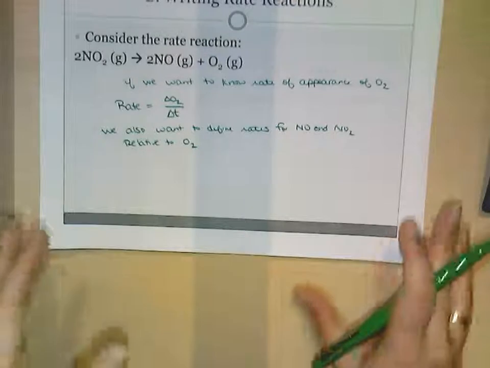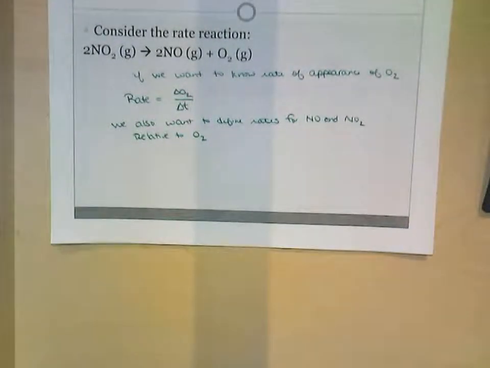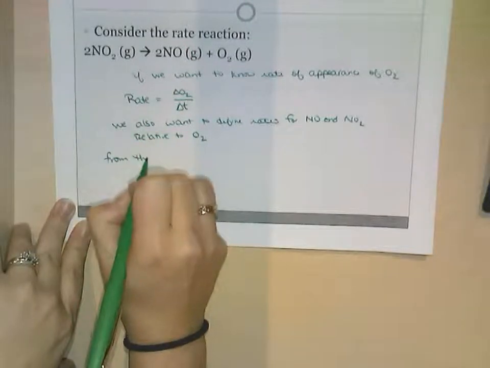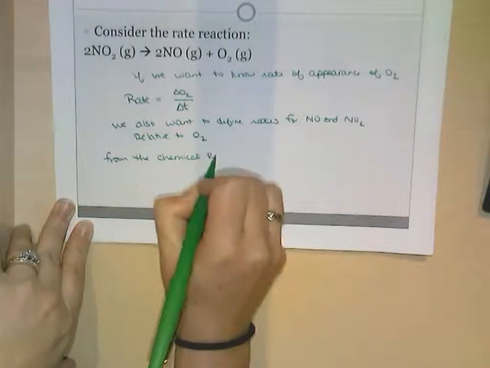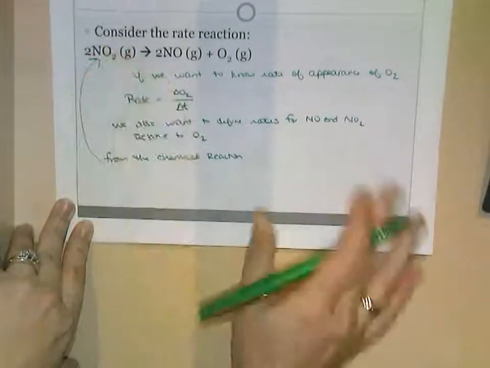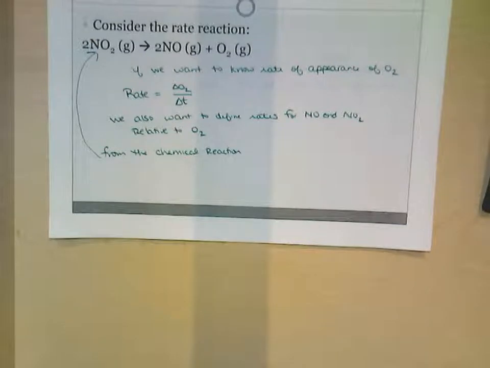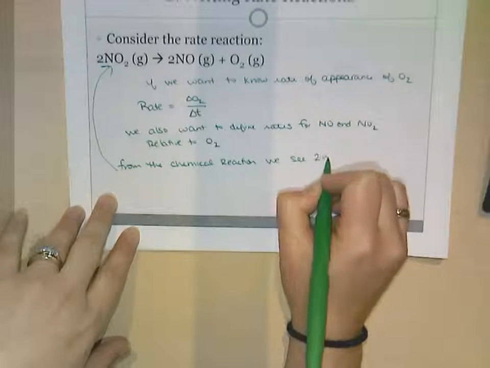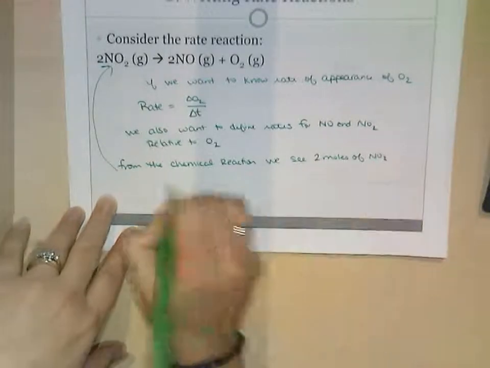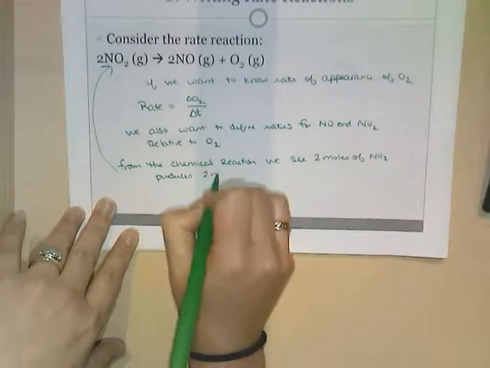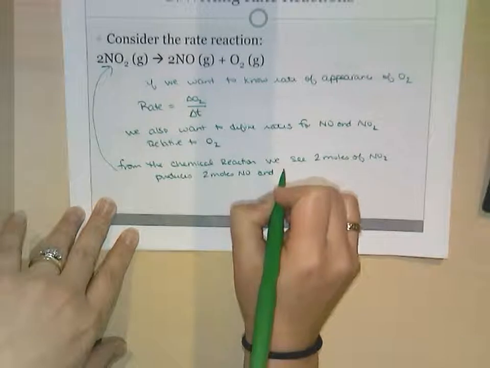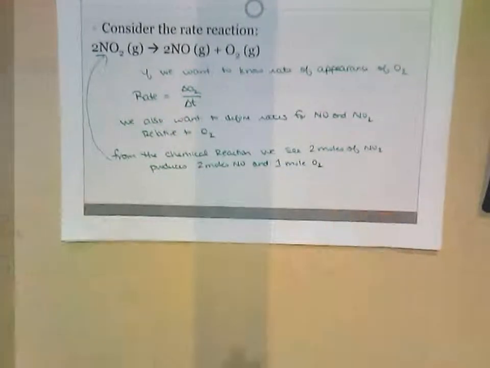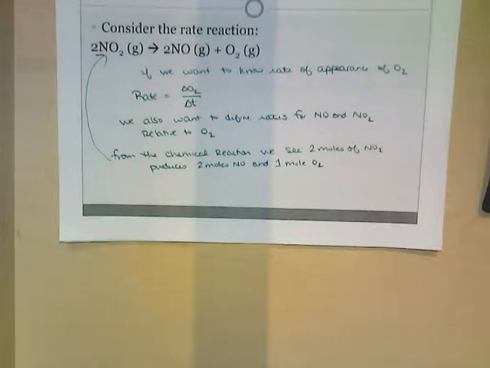So let's think about this in terms of kind of a word question. From this chemical reaction, from the balanced chemical equation, that'd be writing it out in terms of words. 2 moles of nitrogen dioxide produces 2 moles of nitric oxide and 1 mole of oxygen, right?